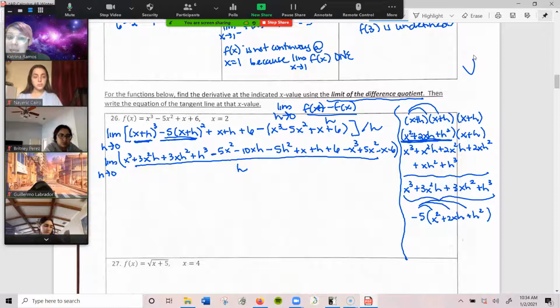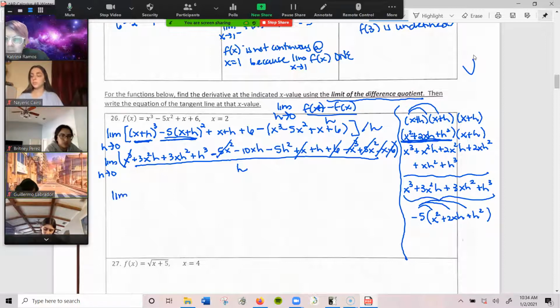Now let's see what we can cancel out. We have this x to the third and this negative x to the third, so bye. We have the 5x squared and the negative 5x squared. We have this x with this x and this 6 with this 6. So now let's rewrite this whole thing again.